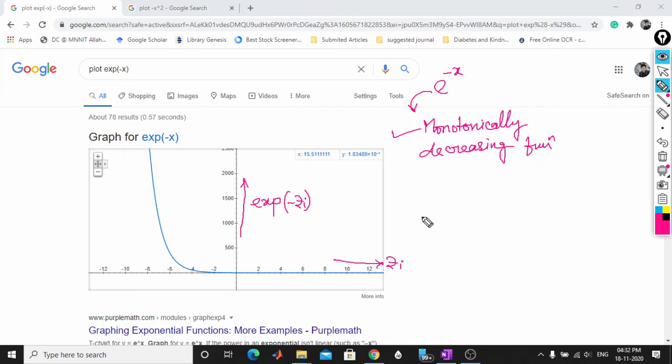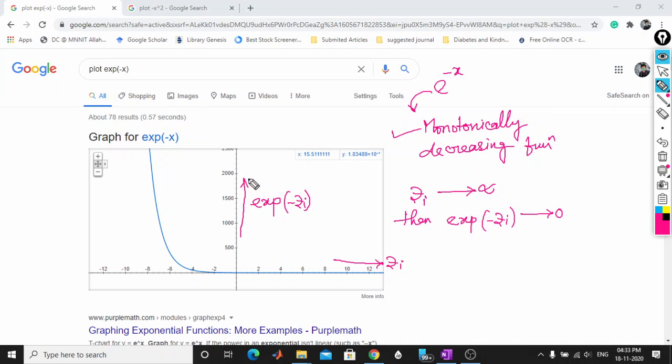And one thing you will notice: if zi tends to infinity, then the value of exp of minus z tends to 0.